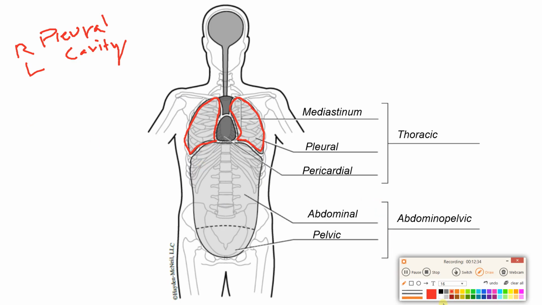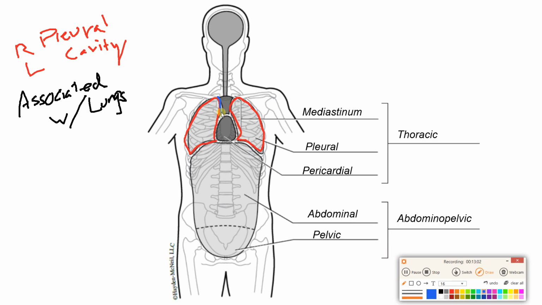Pleural cavities are going to be associated with the lungs. Each of them is associated with the lungs. Now, what I want you to notice is that in between the two pleural cavities, which I've outlined in red, we have this area right here, and we color that area in blue.